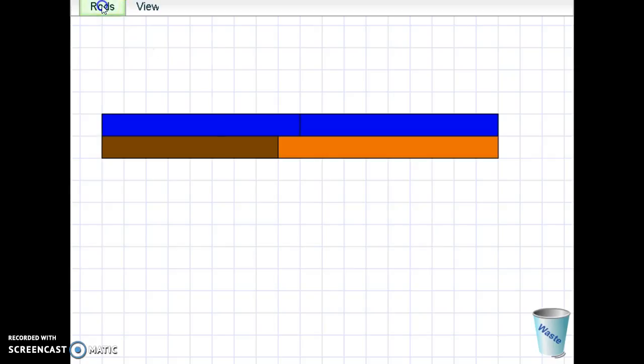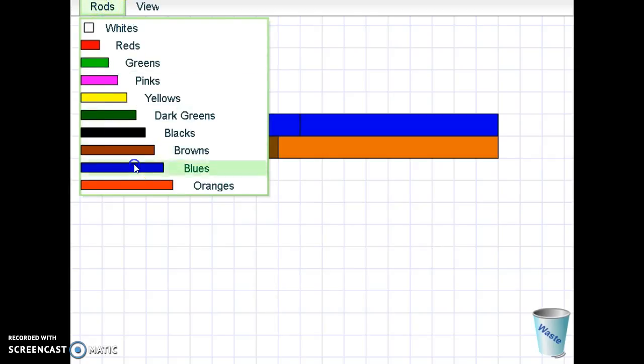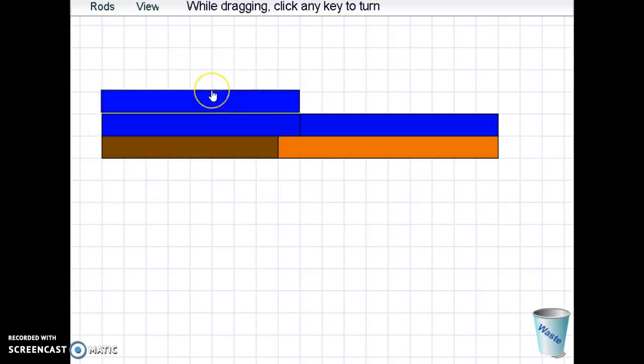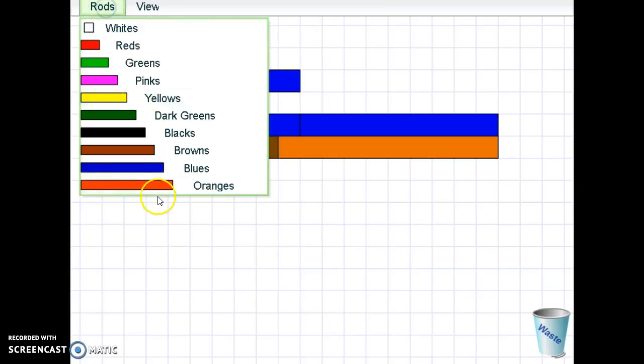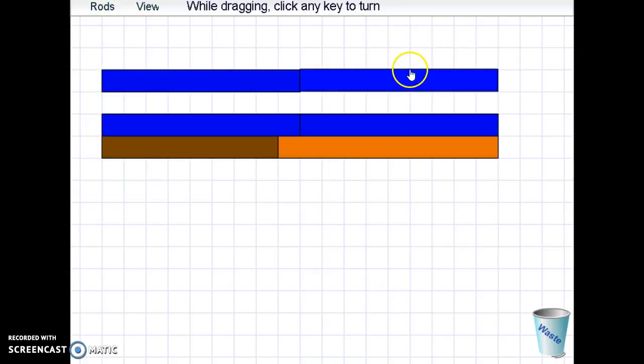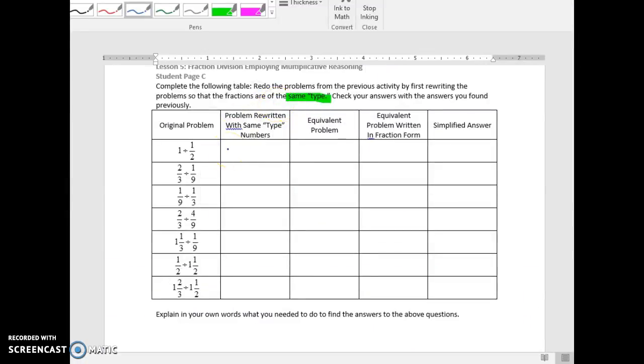If we want to divide by 1/2, it's going to take 2 groups or 2 copies of that. But we now know that 1 can be written as 2 over 2, so when we write it in here, the equivalent is 2 over 2 divided by 1/2.